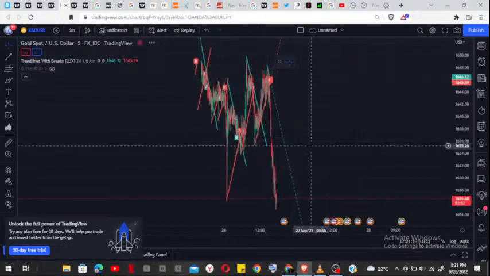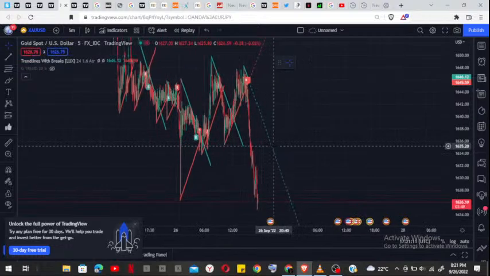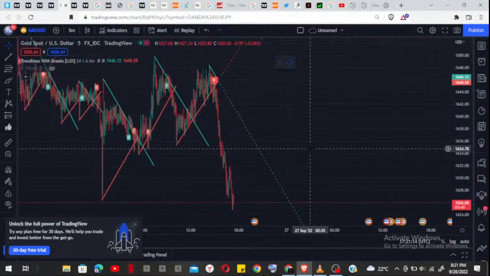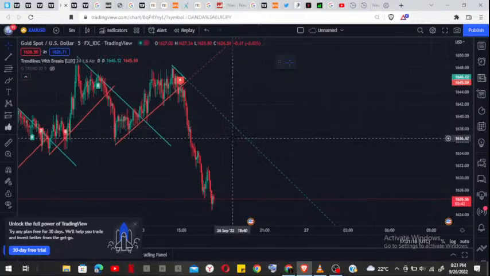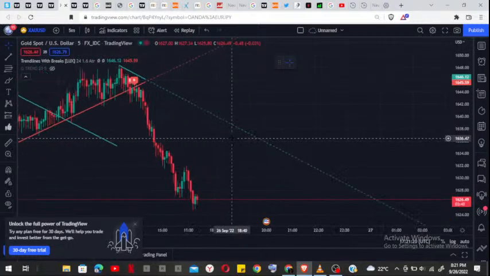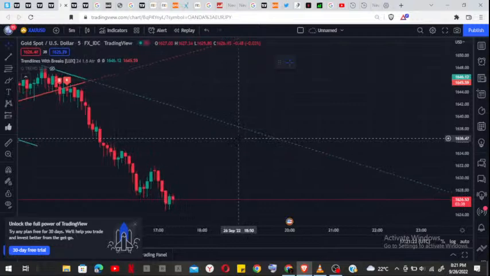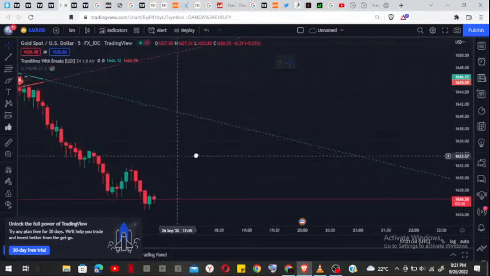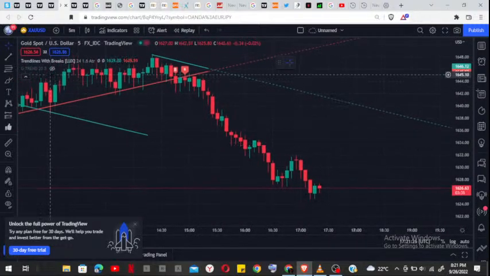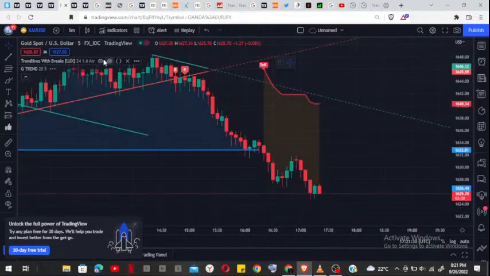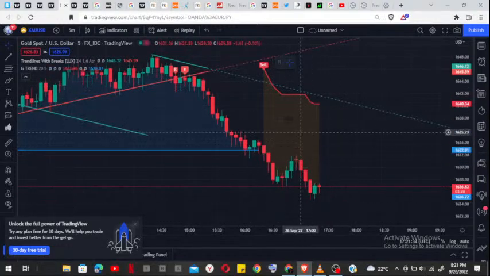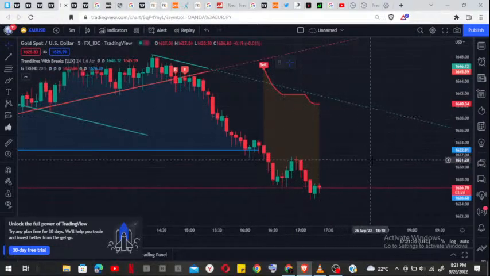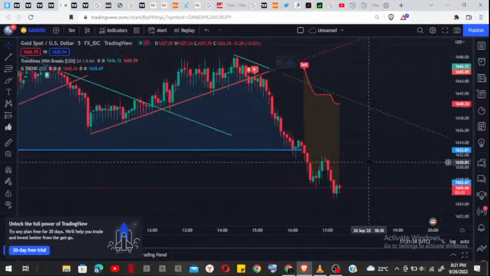Perfect. So this is in 5 minutes, and you can see even in the 5 minutes time frame we are still dropping. It's not even a ranging market anymore, we are just still dropping. You can see this is a G trend, still strong on sell.